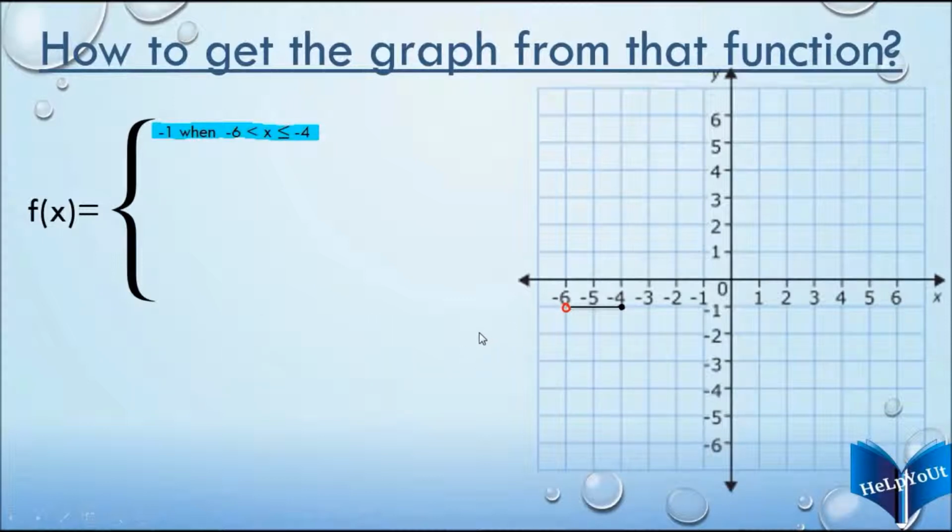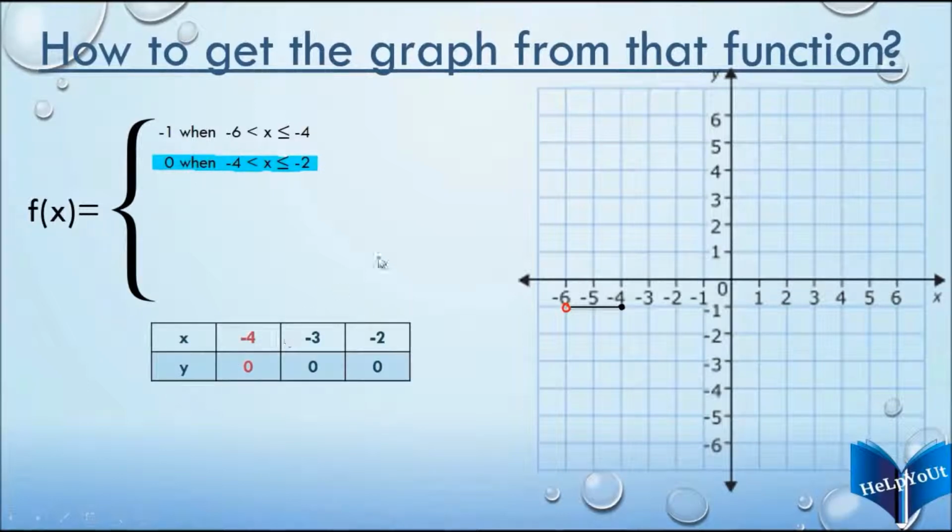Now for the next part. Next part is 0 when x is between -4 to -2. Let's make another table for this one. When x is greater than -4 but close to -4, then we can get this point (-4, 0).